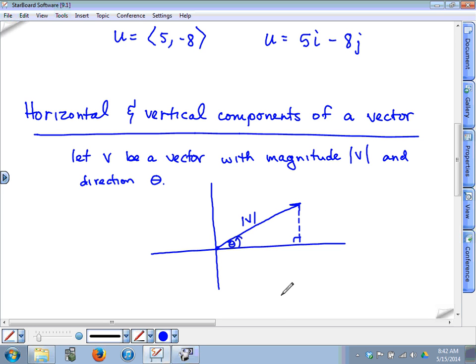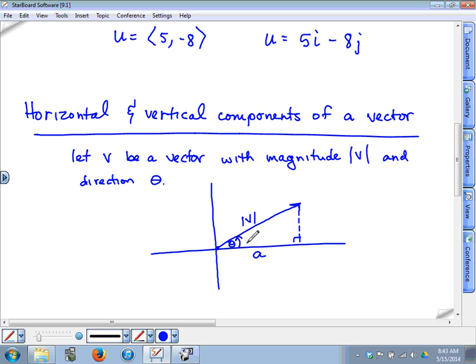This is all right triangle stuff, you guys. This is all right triangle trigonometry. If we wanted to call this component A, for example, the horizontal component is always called A. Isn't this the adjacent side to that angle? And we know the hypotenuse.